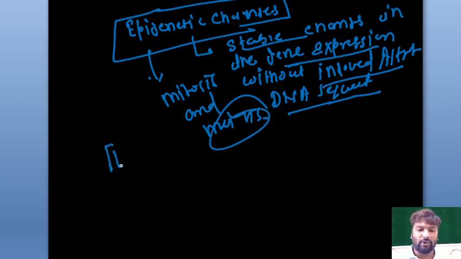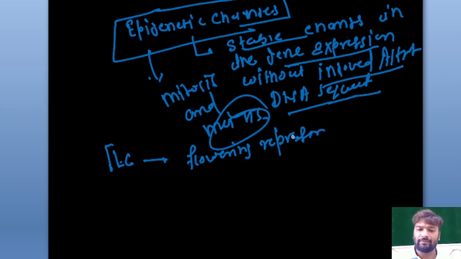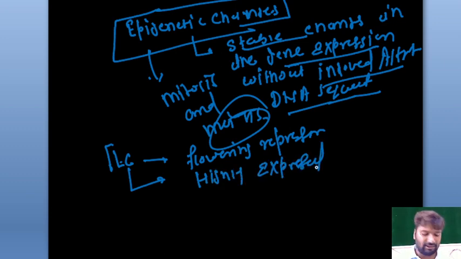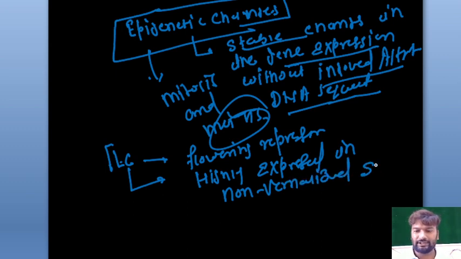And flowering locus C, we know that this is a flowering repressor. This FLC is highly expressed in the non vernalized stem.